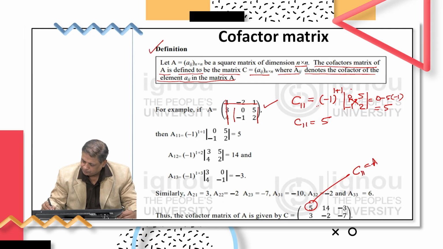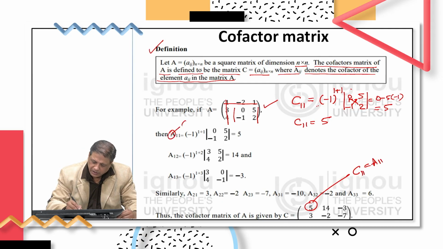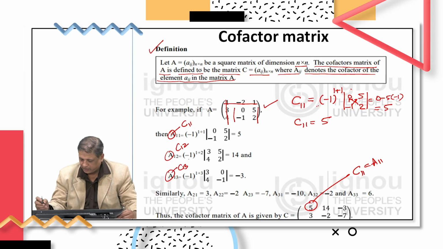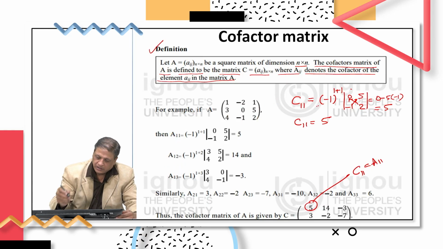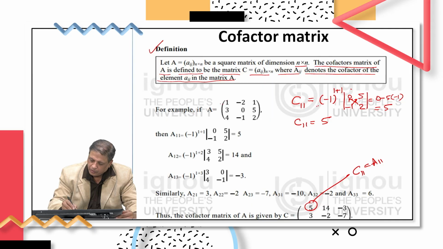Similarly, you can say C12 or C13, whatever the cofactors, so as to have better readability. So C12 is again first row, second column. Just recall how we calculated the cofactors in our earlier session: this is first row and second column, and the remaining values are these.